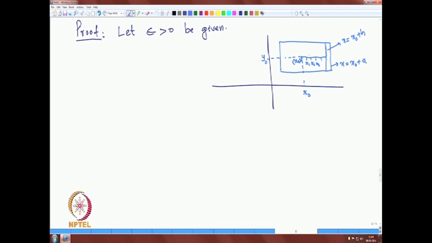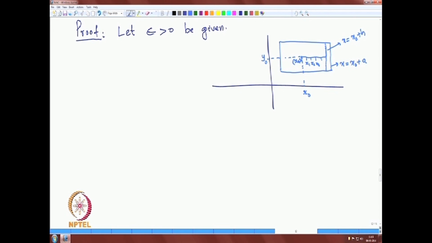Then we define the approximate solution starting from x0, y0. We will approximate the solution by straight lines. The idea is, starting from x0, I know the slope of the solution, which is f of x0, y0. I make a straight line, which meets the line x equal to x1 at some point.